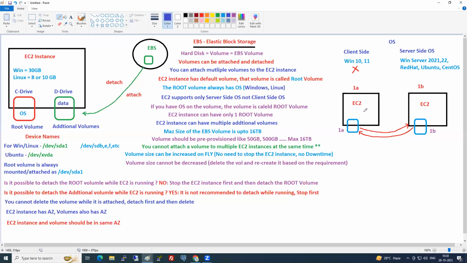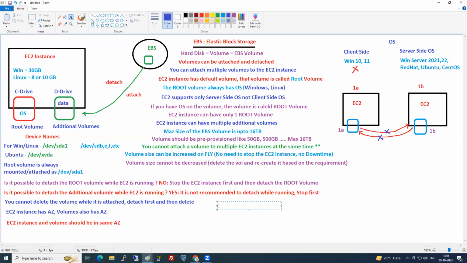In which availability zone is the second EC2 instance? Can I have cross? Can a 1A volume be attached to a 1B EC2 instance? Both are different data centers. No, you cannot. If both EC2 instances are in the same availability zone, can I attach and detach? Possible. Very good.